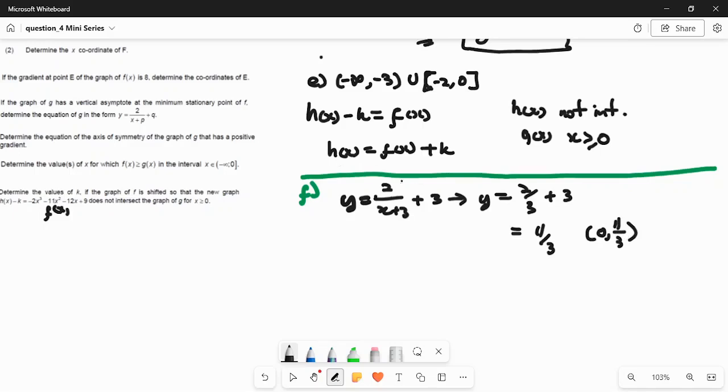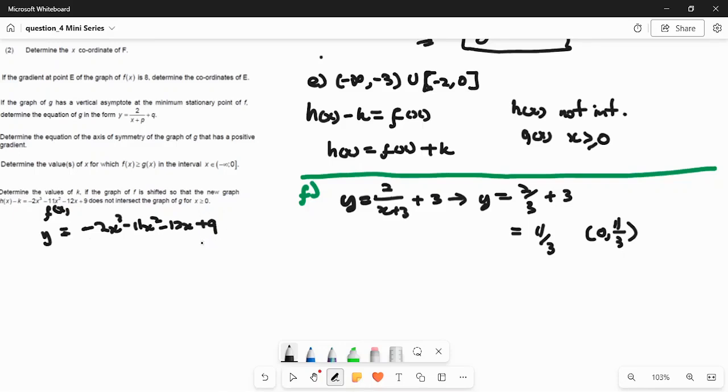So that means I want to make my h of x also intercept at that point. So using the equation that we have there, I can say minus 2x cubed minus 11x squared minus 12x plus 9, plus k. I want to make this function intercept at 11 divided by 3. And we know from a cubic function, our y-intercept is that value d.